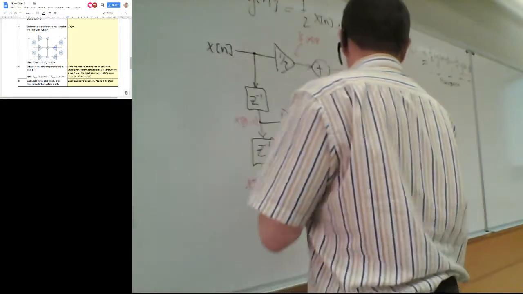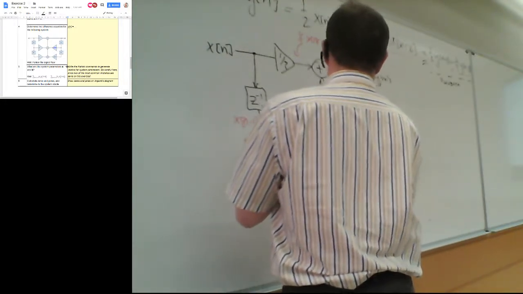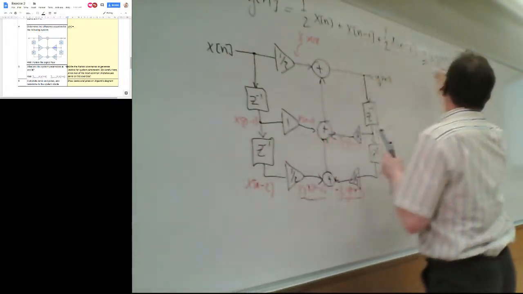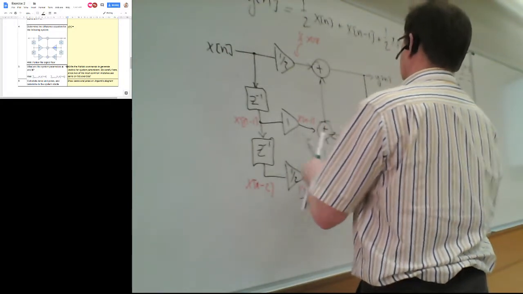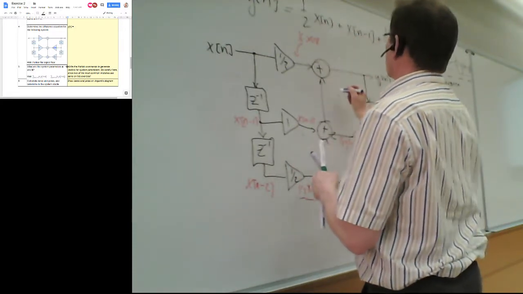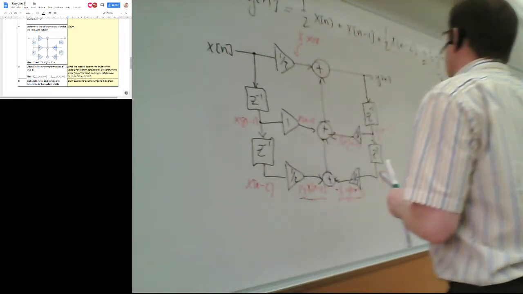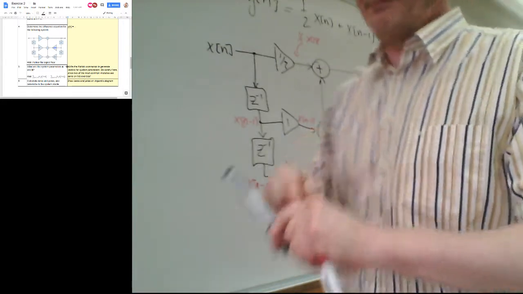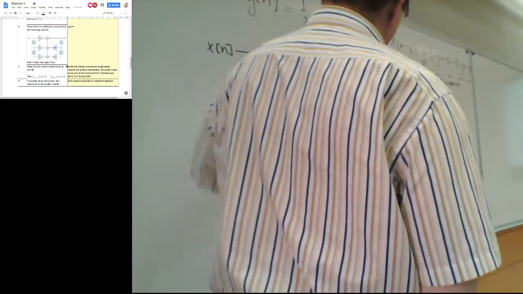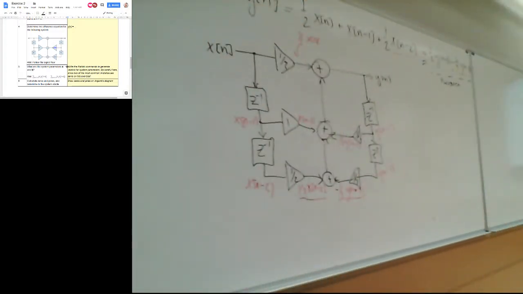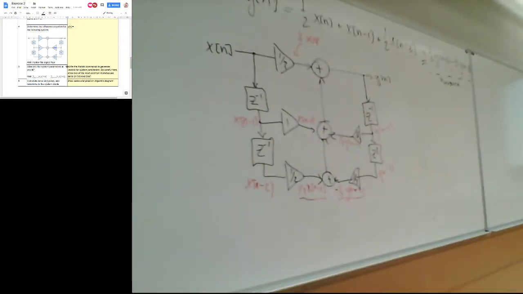And then you continue adding stuff, and at the end this and that would give you that, and you have the output. All right. Good. Simple way of finding the difference equation in this form. However, that's not quite enough yet.